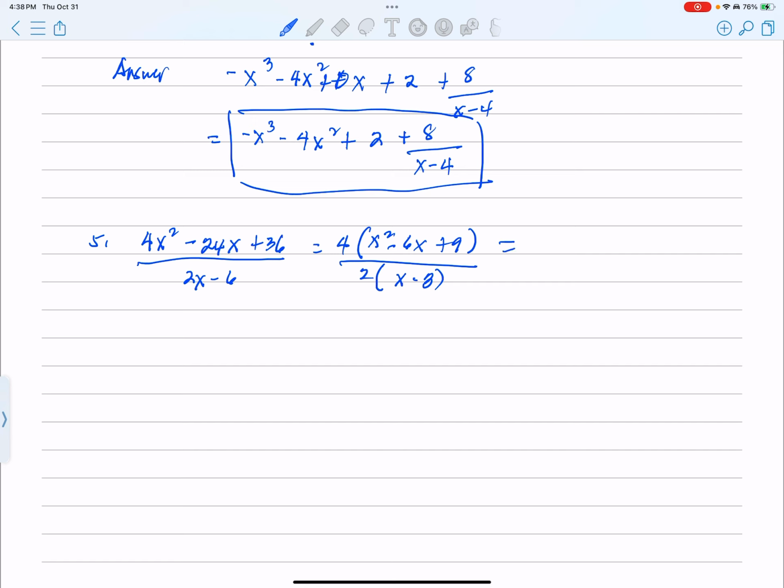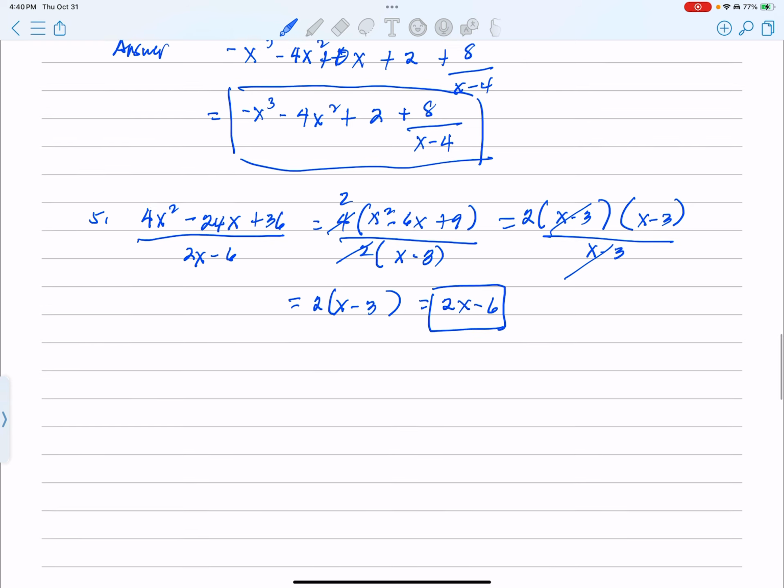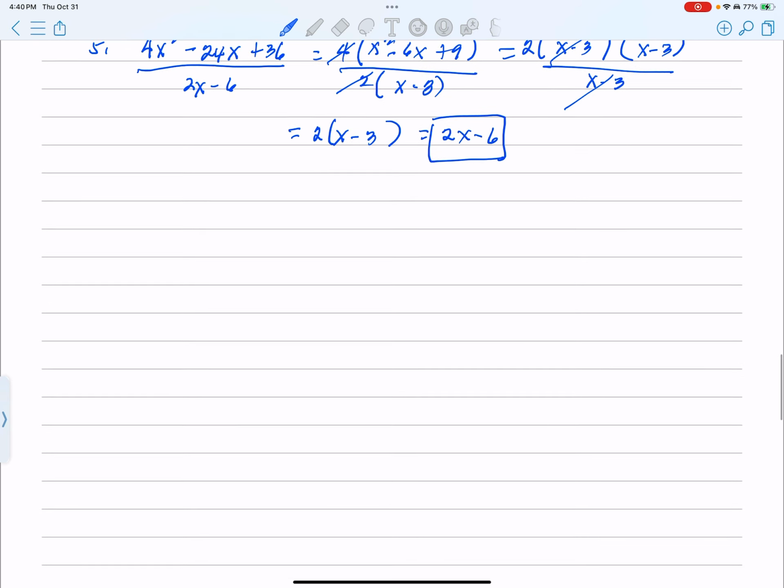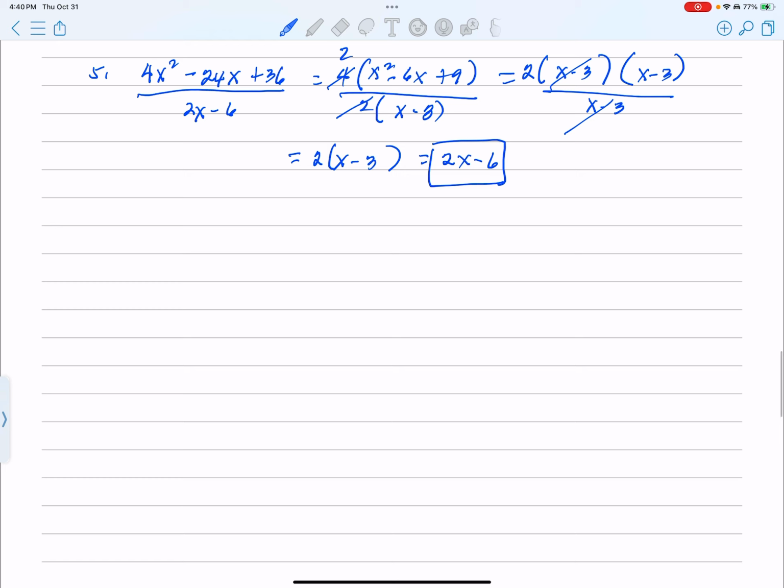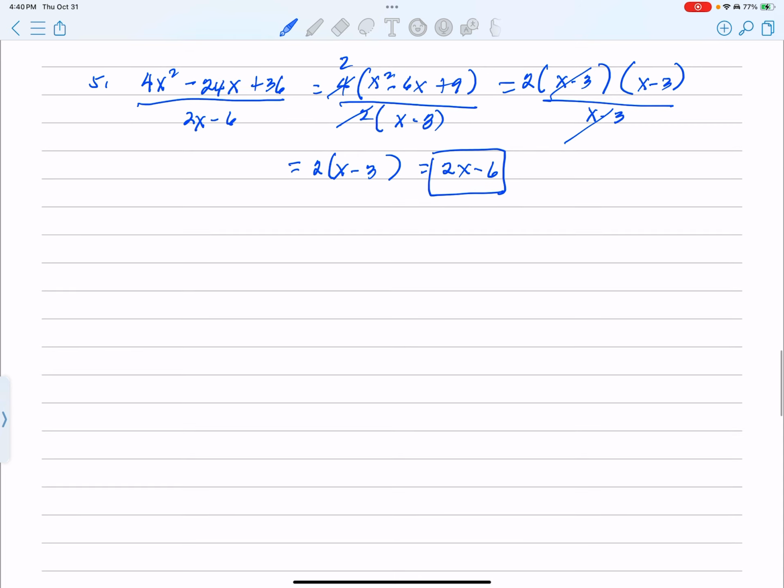So the final answer is 2 times x minus 3, or you can have it as 2x minus 6. Okay. That would be the final answer. All right. I was looking at where is the missing term. All right. Let's do this.